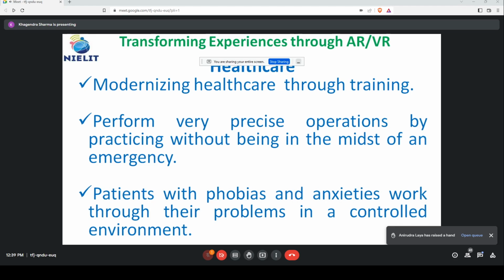Since medicine is a very complex science, you need to work on real bodies. But many times working on real things is very difficult. You never know what is wrong, and you are still in the learning phase.